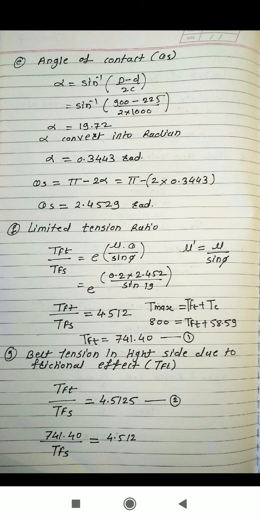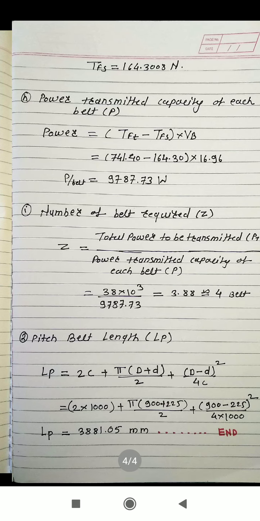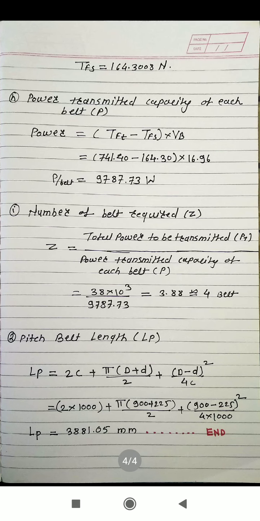The next one is the belt tension on the tight side due to the frictional efforts. The tight side upon slack side is equal to the ratio 4.5. Put the value from equation 1 in equation number 2 and find out the slack side tension, which is 164.3008.